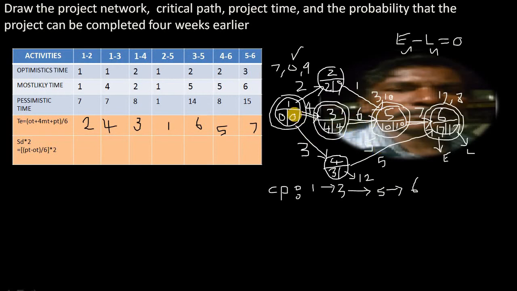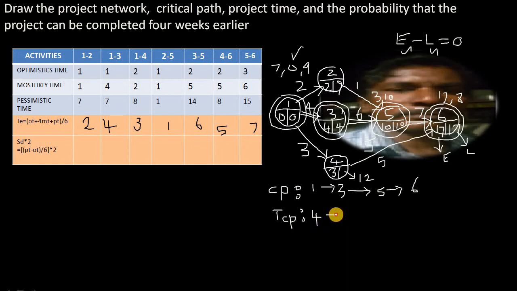Right. Now add all the time taken through this critical path. Add all the time taken of the activities through this critical path, and that is called project time. So time taken through the critical path, TCP, we can say. Time taken through the critical path here is equal to 1 to 3. So from the event 1 to the event 3 we have 4 weeks. Right.